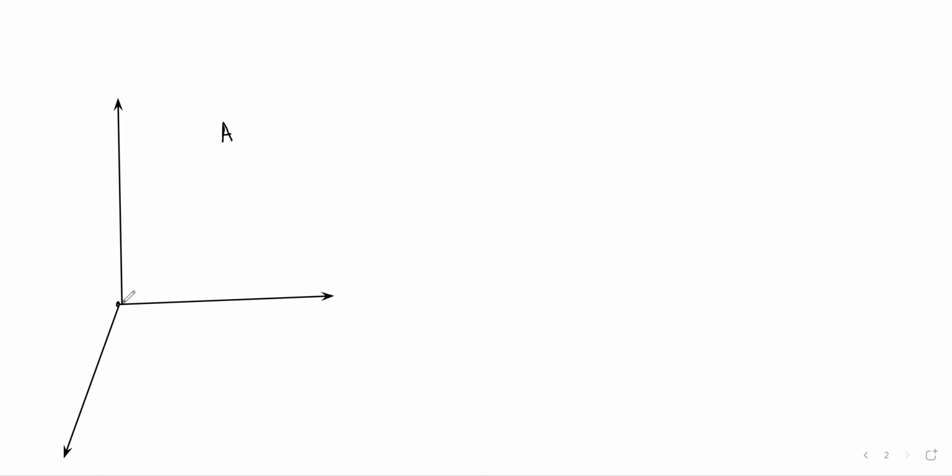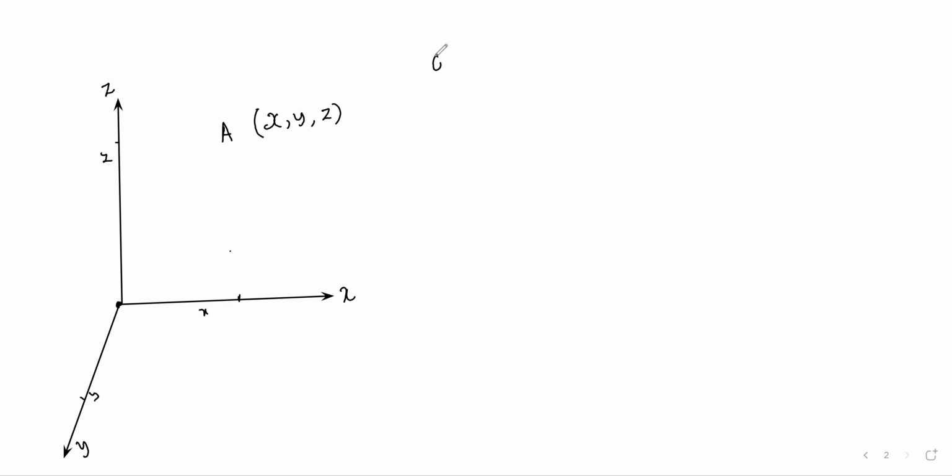Then, with respect to origin, the coordinates of this point are x, y, z. This is the x-axis, this is the y-axis, and this is the z-axis, which means if I want to reach the point A, I must go x units along the x-axis, y units along the y-axis, and z units in height.